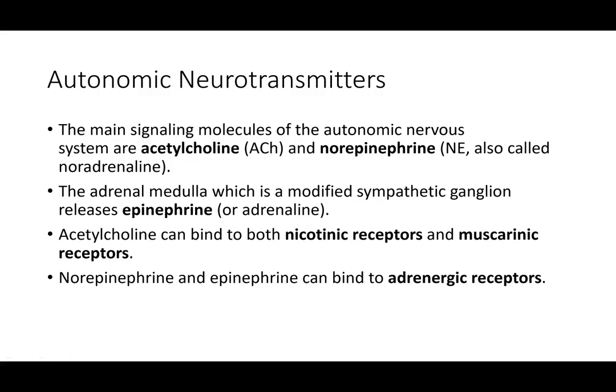It can either stimulate some sort of response and cause that response to happen, or it can inhibit a response from happening. So the autonomic nervous system effects are going to depend on what signaling molecule is being used and which receptor is involved.